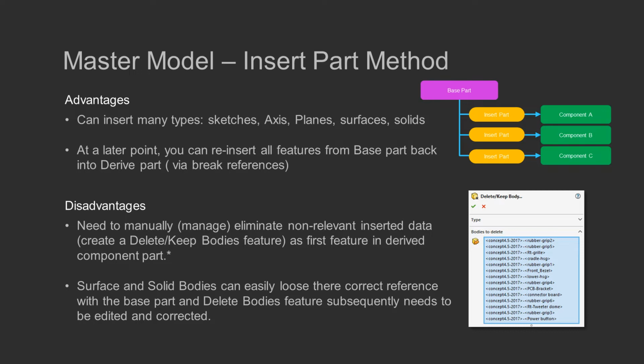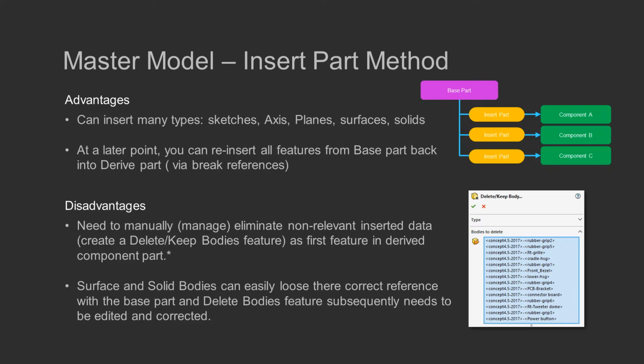Also, at a later point, if you want to break the references away from the master part, you can do that and then reinsert all of the features that were created in the master part into the derived part. This, as far as I can tell, is the only one of the four that you can actually do this and have it be successful. Let me show you with our SoundDoc model how we can use the insert part method.